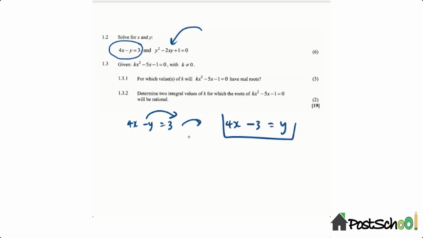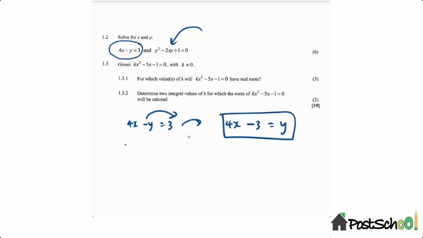So this is how you can make y the subject of the formula, by just taking y to the other side to be positive, because remember, a variable is the subject of the formula when it has a coefficient of 1 and it is positive. So like y equals, x equals, z equals, that is when the variable is the subject of the formula.